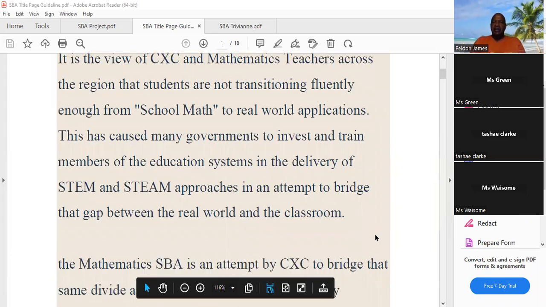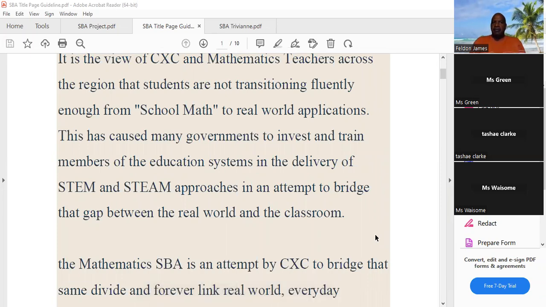All right, so what all of this is saying is that from a classroom experience, normally when we teach math to students, most of the time they don't really see how the math that they learn applies to the real world. And so they come up with this SBA component to give students a real world experience of how to apply the maths.